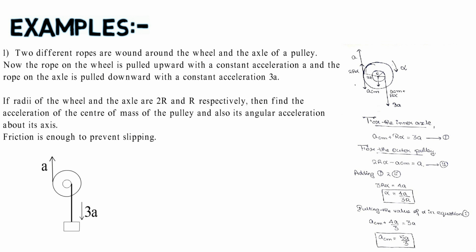Now, if we had taken alpha previously in the backward, or opposite, direction, you would get a negative value. That would mean that the rotation was actually in the opposite direction.